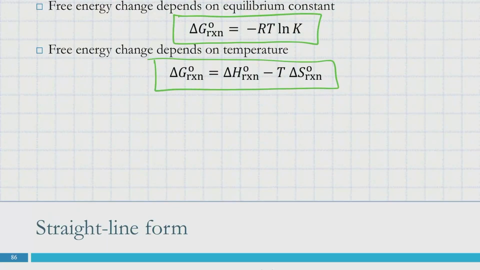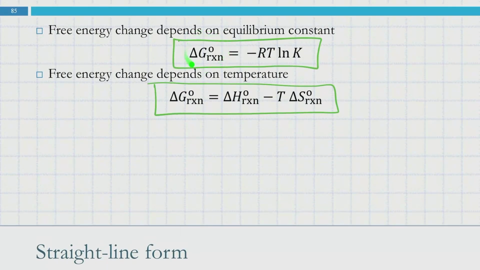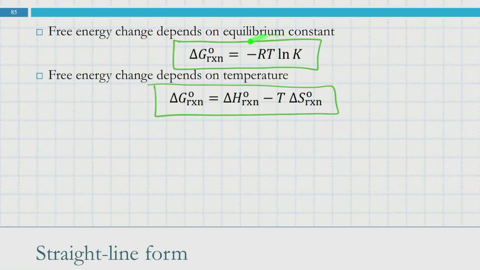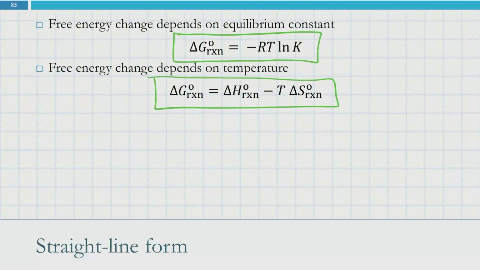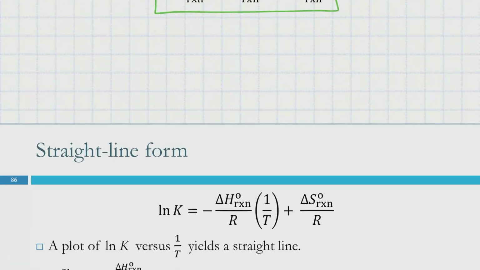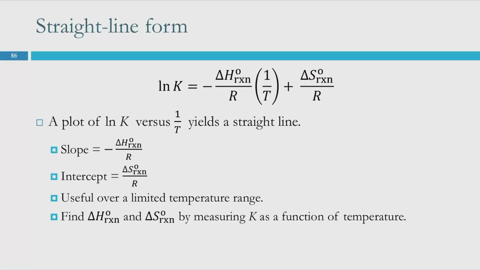The fun and the magic is these both have delta G for the standard state of the reaction. You would set them equal to each other, and then I think you divide both sides by RT. And you get this beautiful straight line form. So it looks kind of like y equals mx plus b. That's why it's the straight line form.